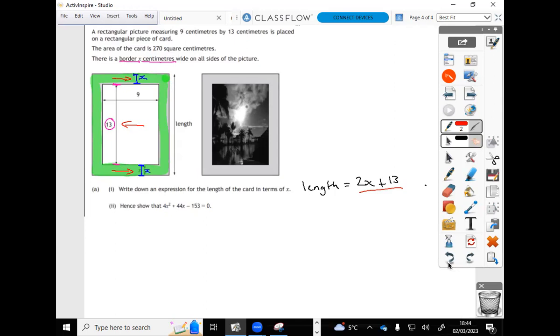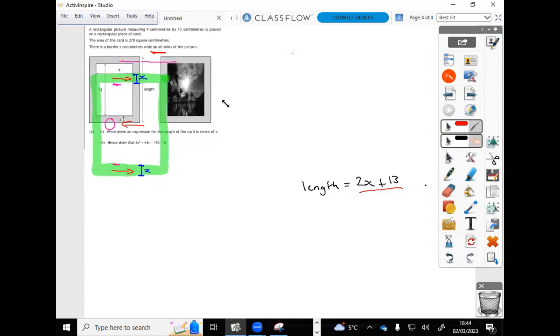We want to find the area of the card. Now it doesn't say that, which is why I'm thinking it's a bit of an odd question. But the area of the card is what they're looking for. And they want to equate it to 270 centimeters squared. All right, so that's good, isn't it?